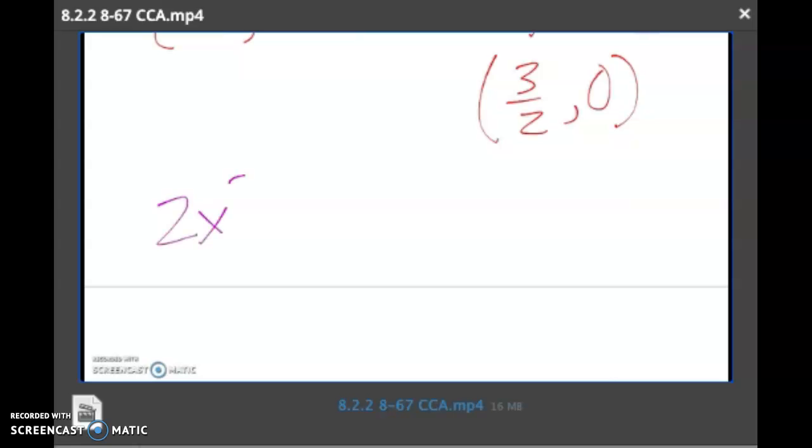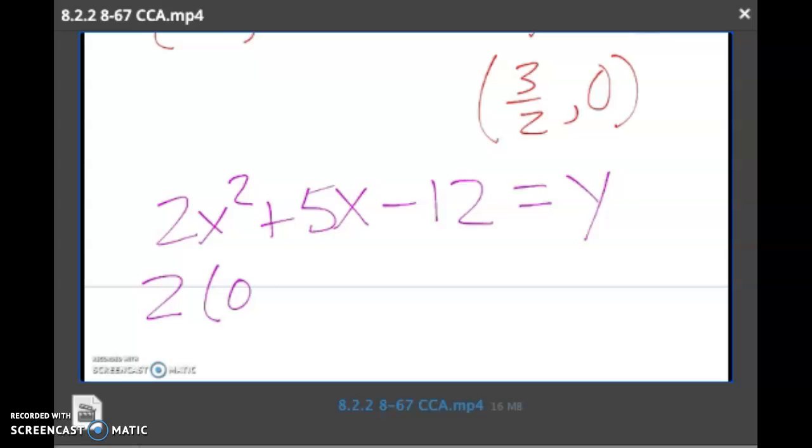Instead of setting that equal to 0, I'm going to have it equal to y. I'm trying to find my y-intercept, so I want to let my x values equal 0. So I'm going to rewrite my equation, and when I get to my x's, I'm going to substitute in 0. And now I'm going to solve for y.